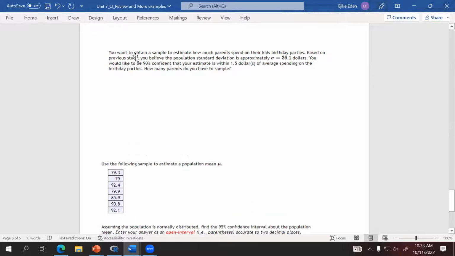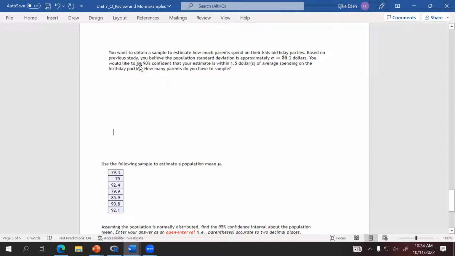It says you want to obtain a sample to estimate how much parents spend on their kids' birthday, right? Based on your previous study, you know that the population standard deviation is approximately 36.1. So you're also given the symbol telling you it's the population standard deviation, right?